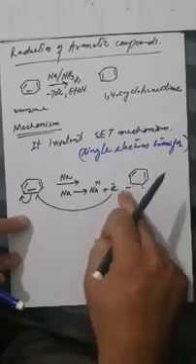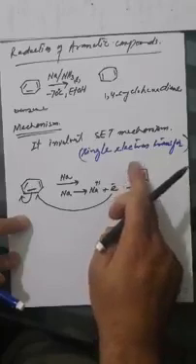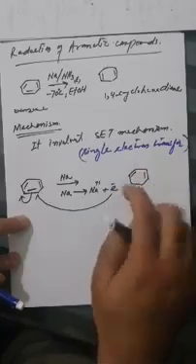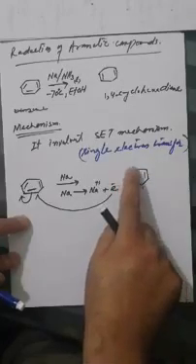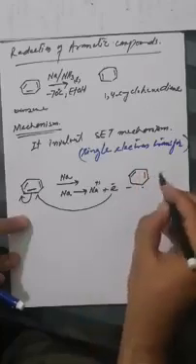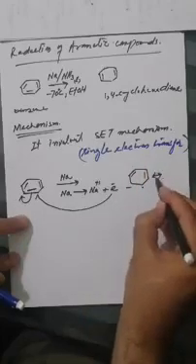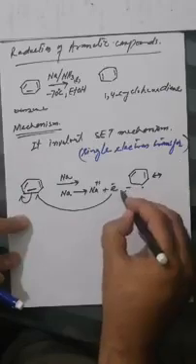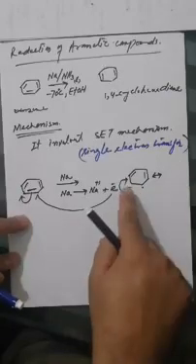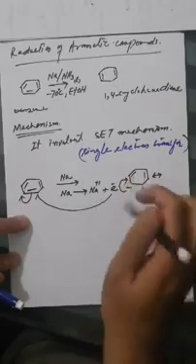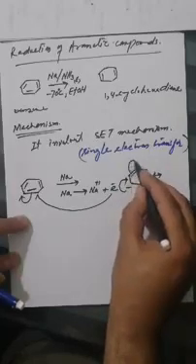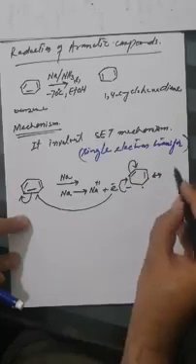And now this negative charge can easily be delocalized at carbon 1, 2, 3, 4, 5. Let's see how. When it comes between these two carbon atoms, then this bond will have to move over this carbon.